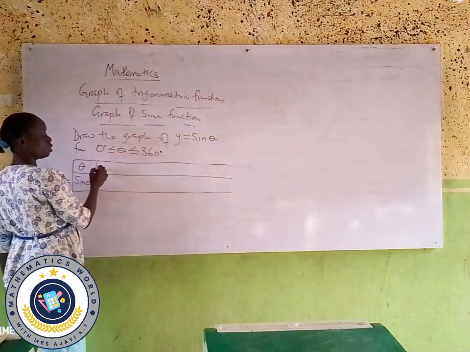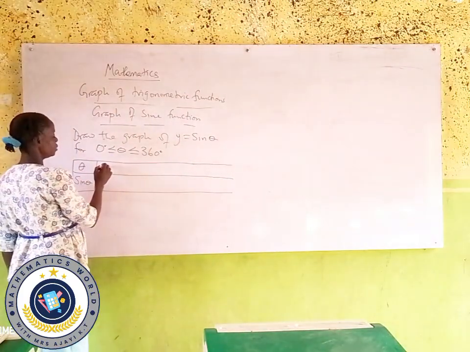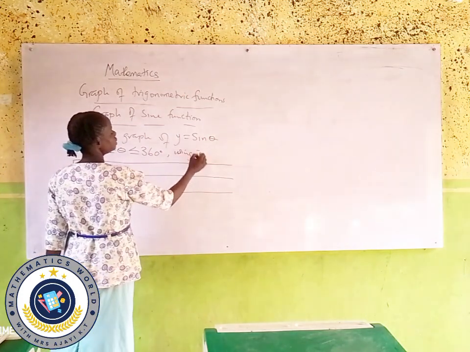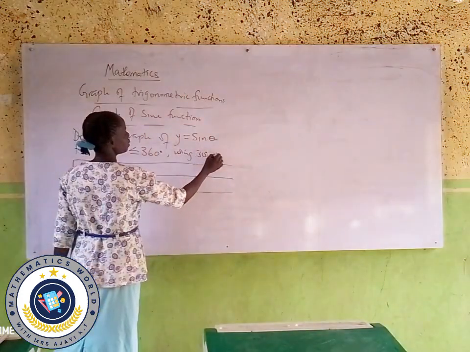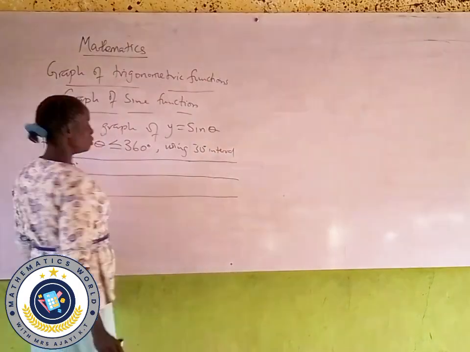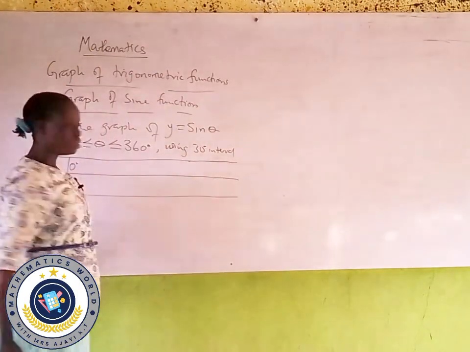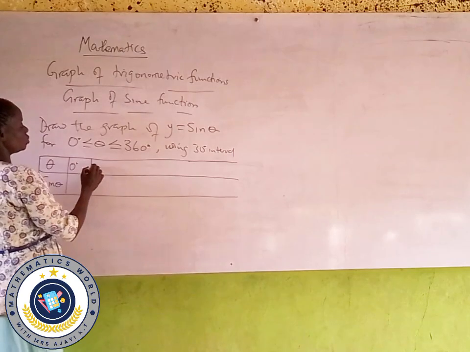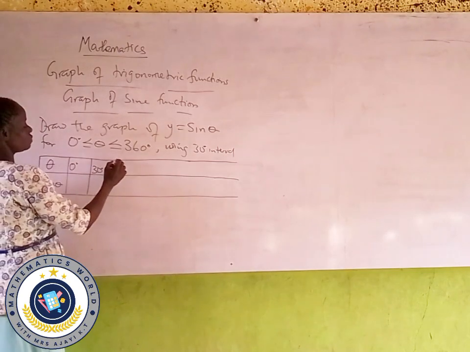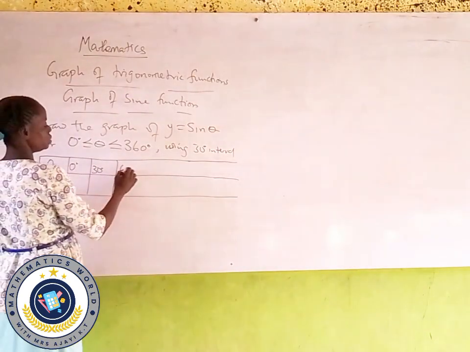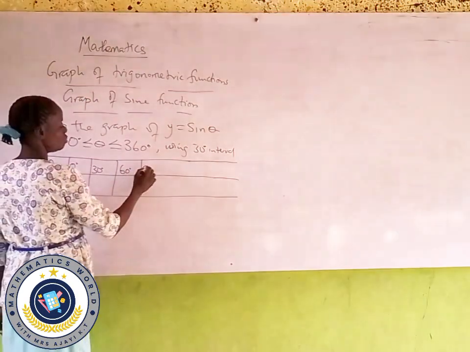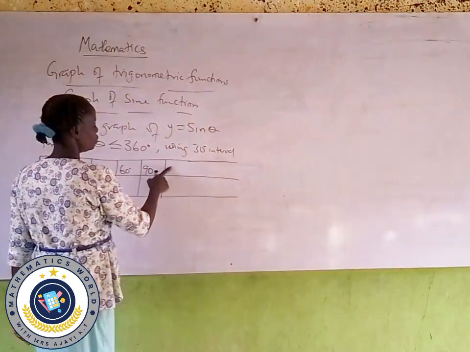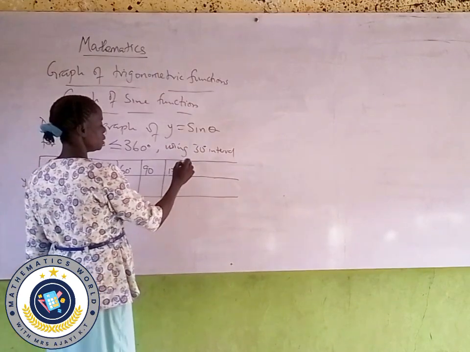So you have this one to be 0. We are starting from 0 degree. We are using the interval of 30 degrees. So from 0, we are going to 30 degrees. After 30, moving to 60. After that, we are moving to 90. After 90, we are moving to 120.